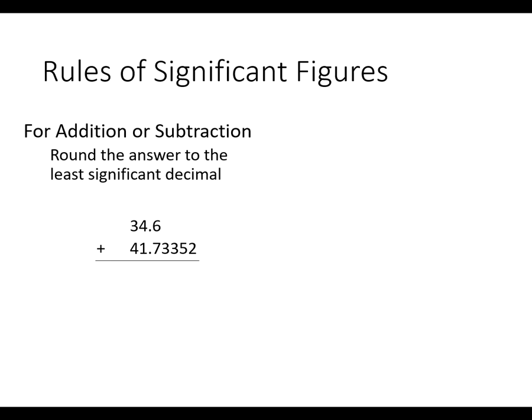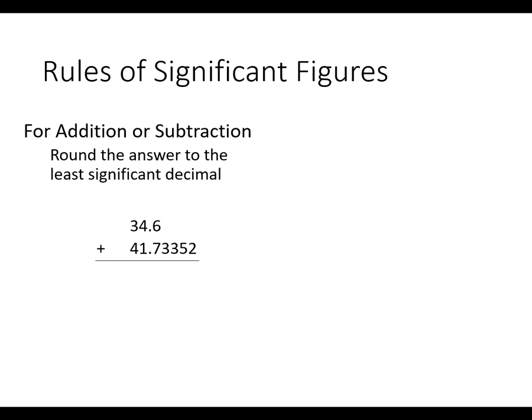The 41.73352 is accurate to the 100,000ths place. So that's pretty good. That's a good number. But the first number, 34.6, is only accurate to the 10th place. So I ask myself, is that 34.6 accurate? Or has it been rounded to 34.6? I don't know.